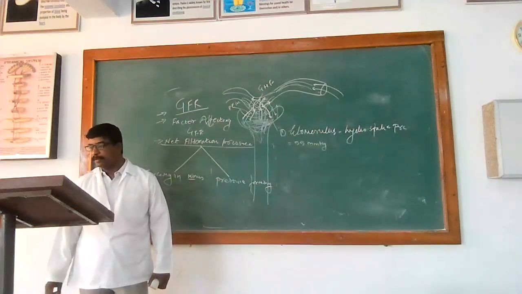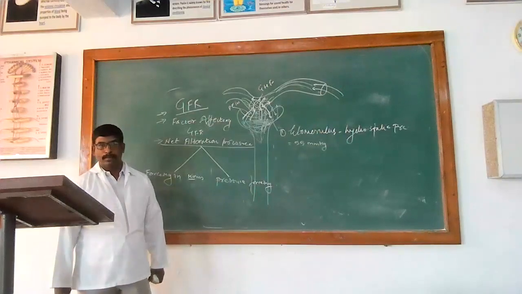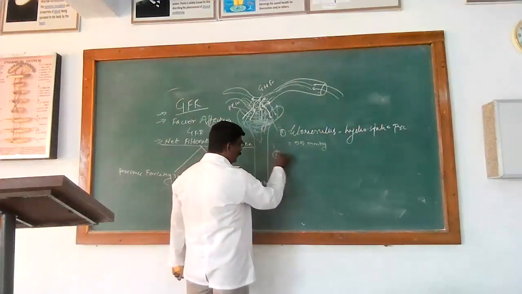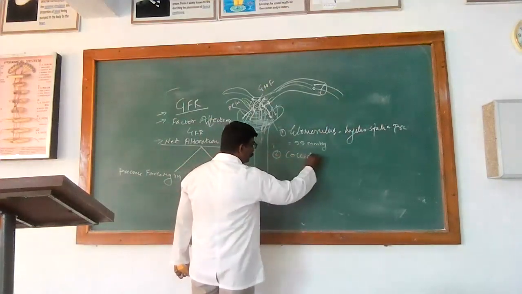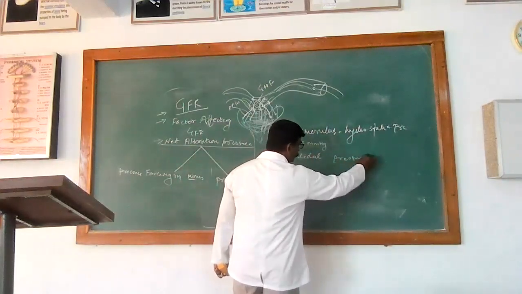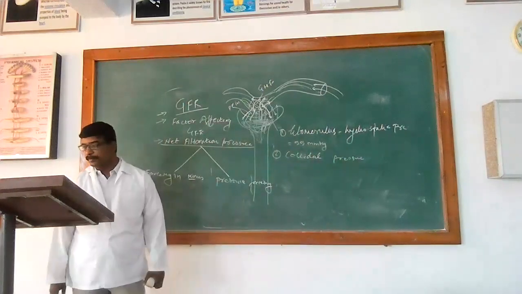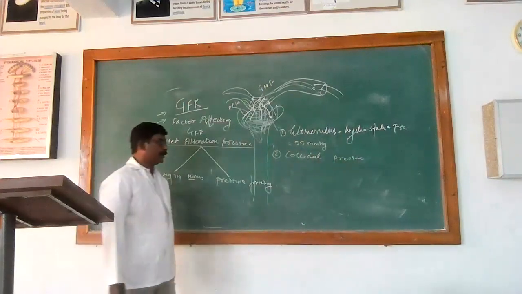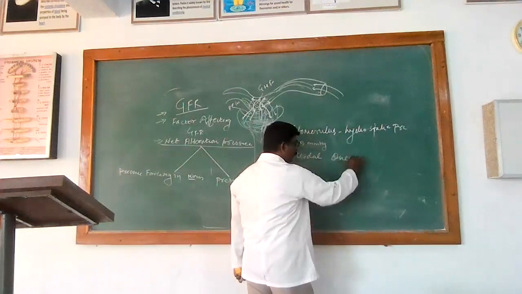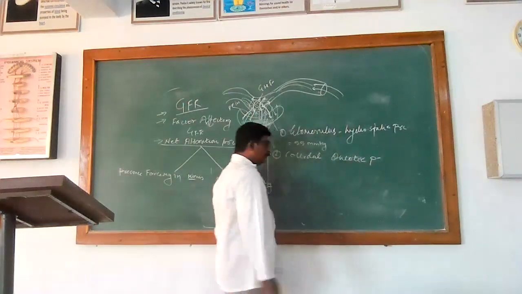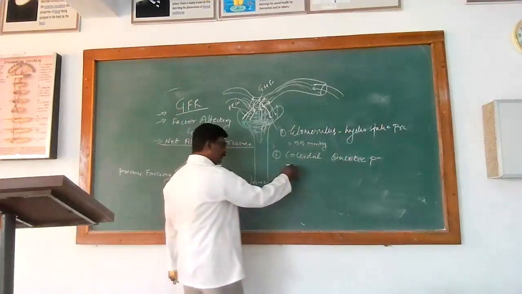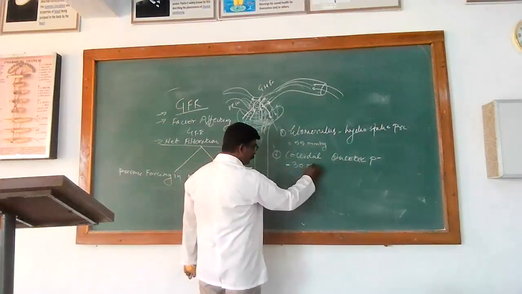This affects the glomerular filtration. Number two is colloidal oncotic pressure, which is about 30 mmHg.